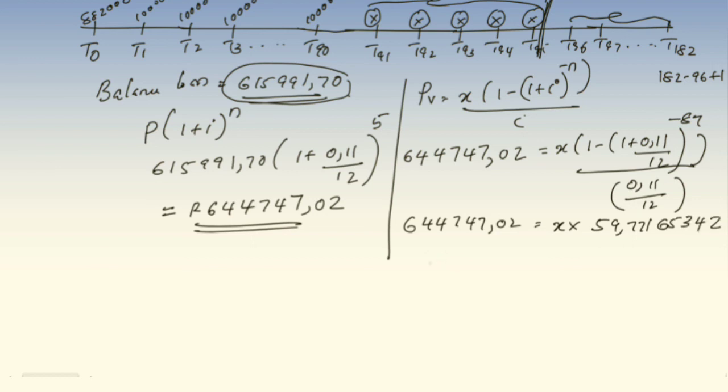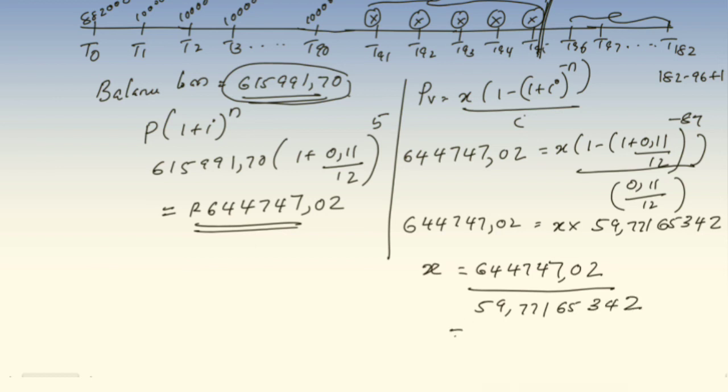Therefore, the monthly installment x is equal to 644,747,02 divided by 59,771 6534 2.